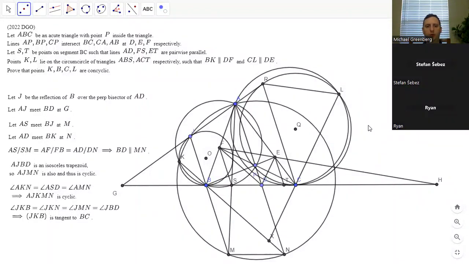Maybe we could even use Bonge's theorem somehow, but I don't think that would be that easy.